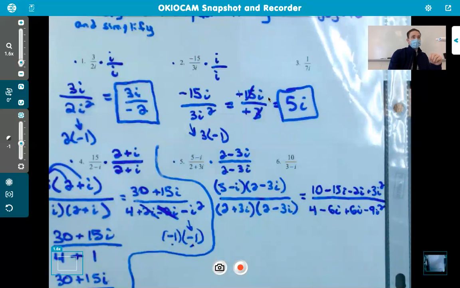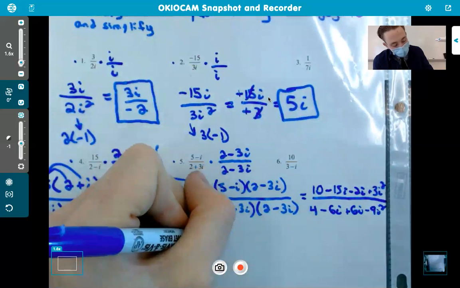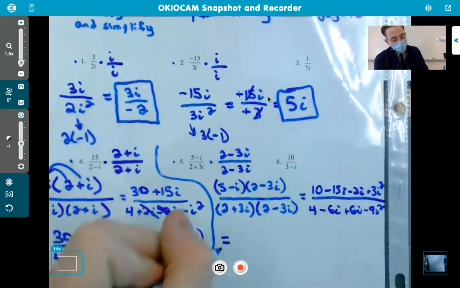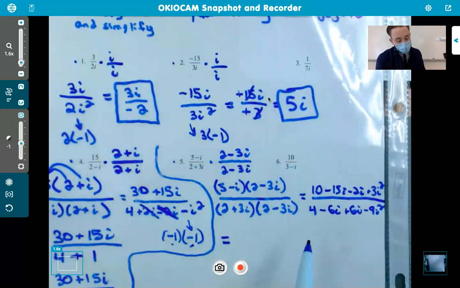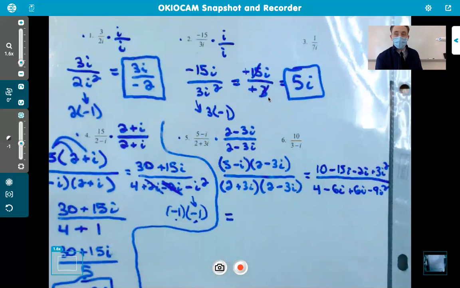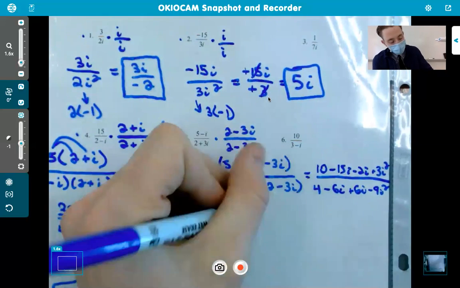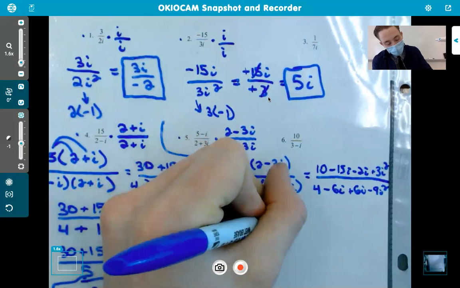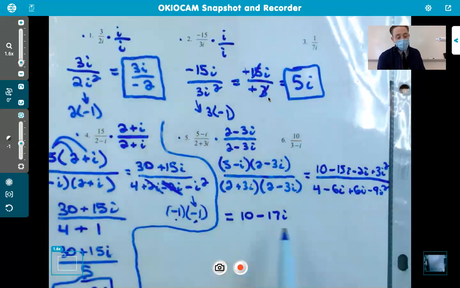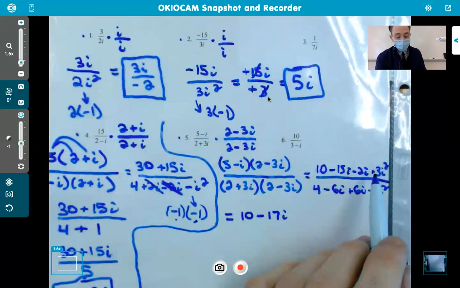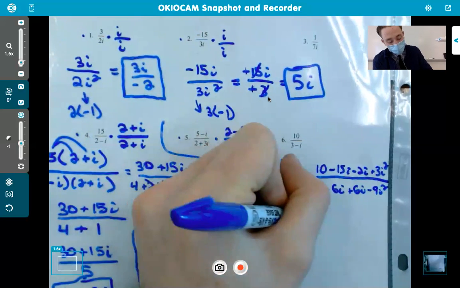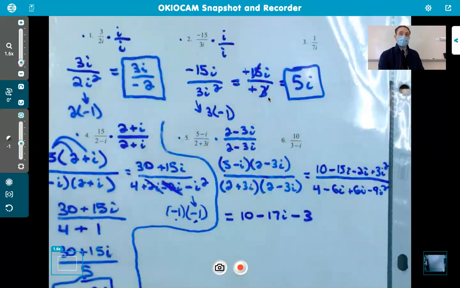Okay. When I combine like terms in the numerator, what do I get? What's a simplified form here of my numerator? 10 minus 17i plus 3i squared. Now, I know i squared is negative 1, so I'll have 3 times negative 1, which is negative 3. So I kind of did a couple steps there at once.